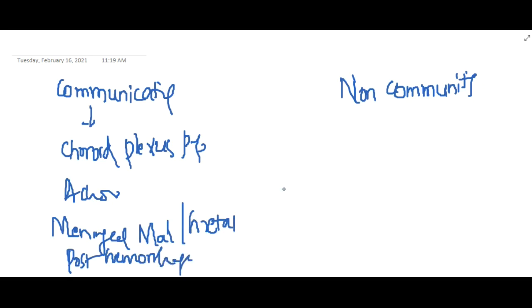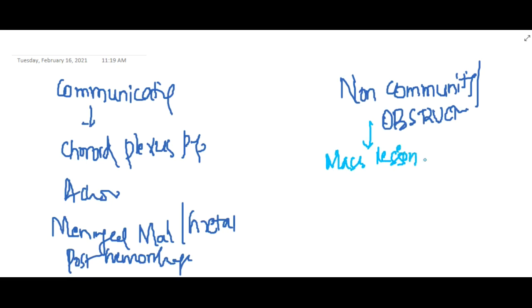Then non-communicating hydrocephalus, or obstructive hydrocephalus, includes whenever there is a mass lesion in the meninges or in the ventricle that will occlude the pathway of CSF flow, thus causing non-communicating or obstructive hydrocephalus, or abscess formation.